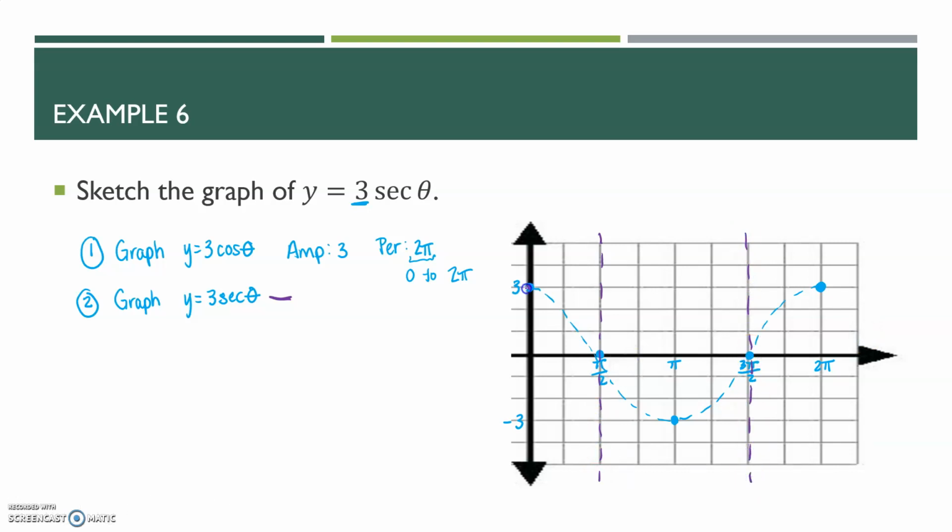And then anywhere there's a maximum, it becomes a U opening up. I don't really need to graph this side technically. I could just actually leave it like that. That would be okay. It's actually better because we're graphing from 0 to 2 pi. So there's that U. So then this one would go like this and end right there. I've graphed from 0 to 2 pi, and that would be my final answer.